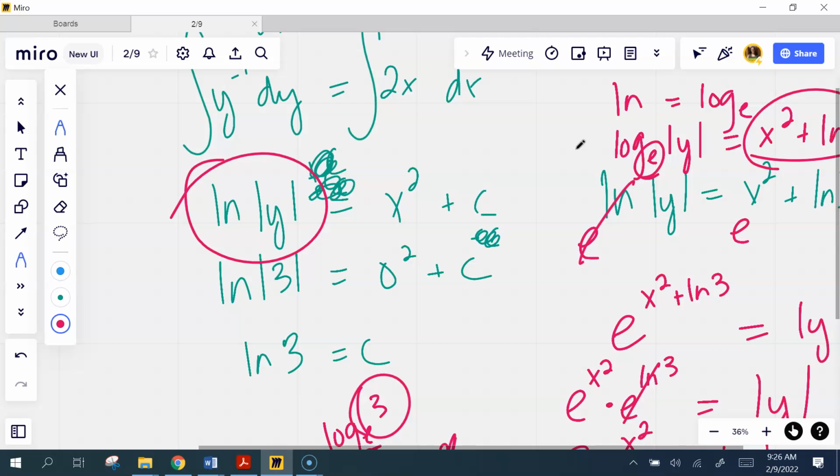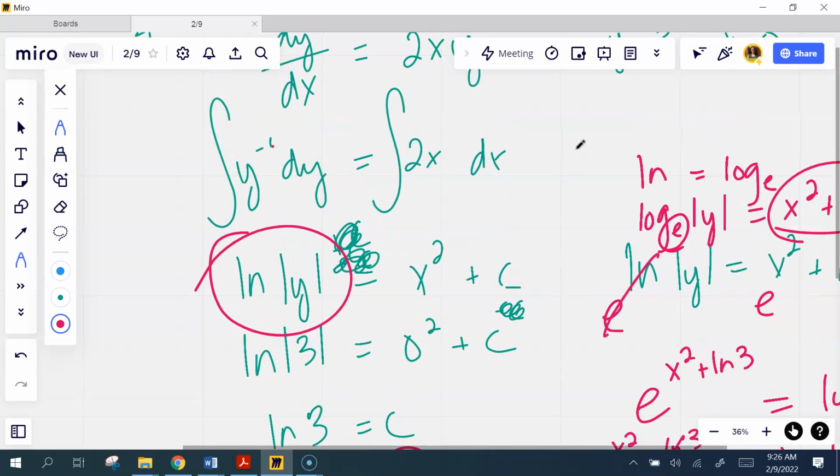Because it's absolute value here. At some point in there, you have to take the log of that y, and you'd never be able to make it. It's because it's the log. The integral of y to the negative 1 is natural log.